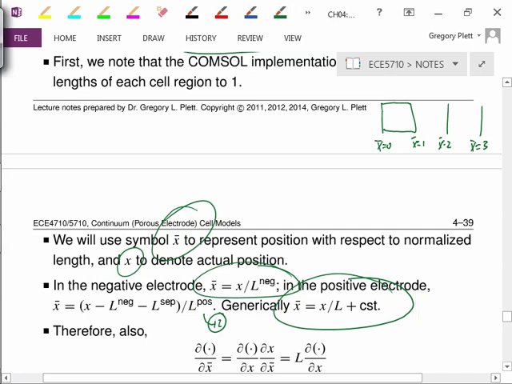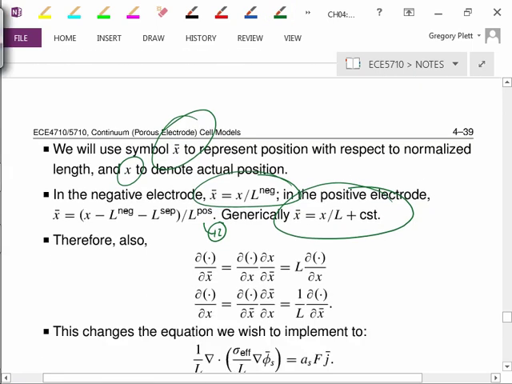If that's true, then the partial derivative of anything with respect to x bar is something I can write using the chain rule as the partial derivative of that thing with respect to x times partial of x with respect to x bar. And if you look at this equation, x equals L times x bar, so partial of x with respect to x bar is simply L, and I can write the original partial derivative as L times the unscaled.